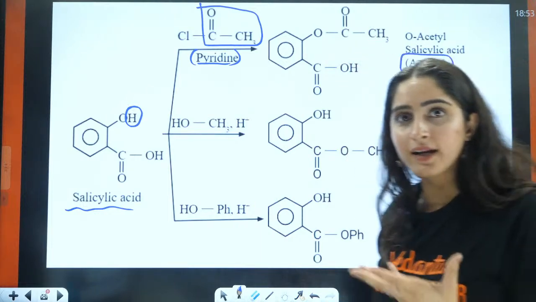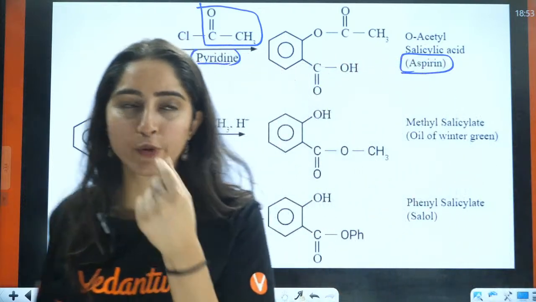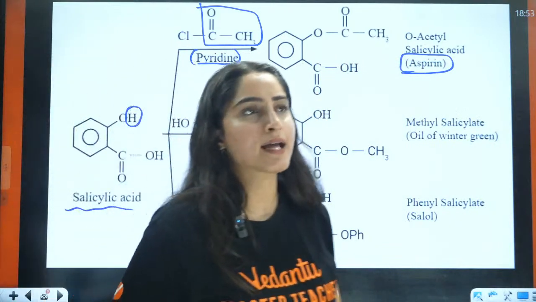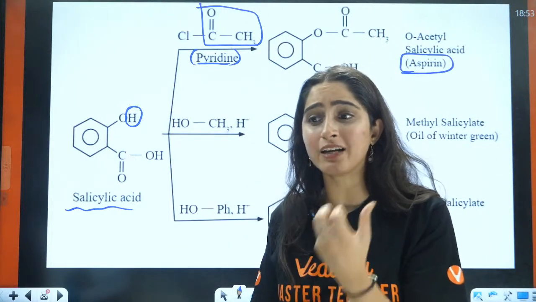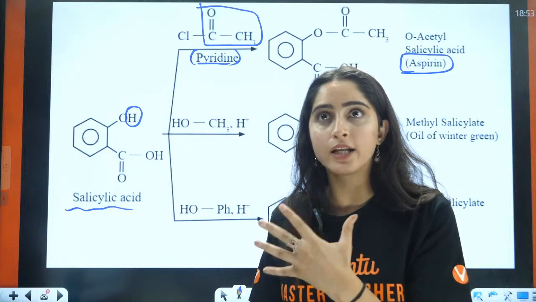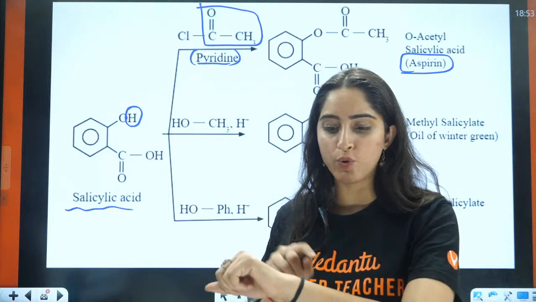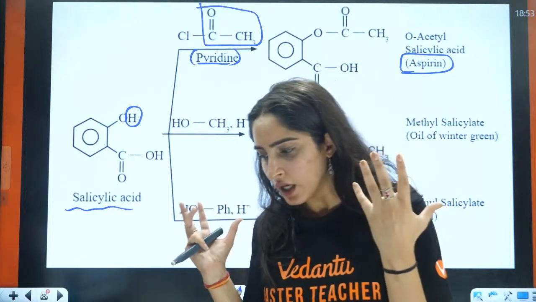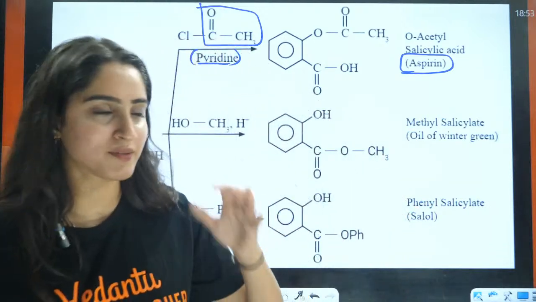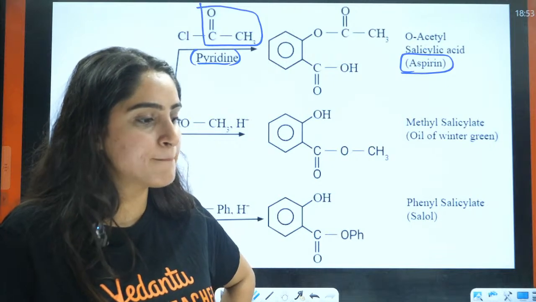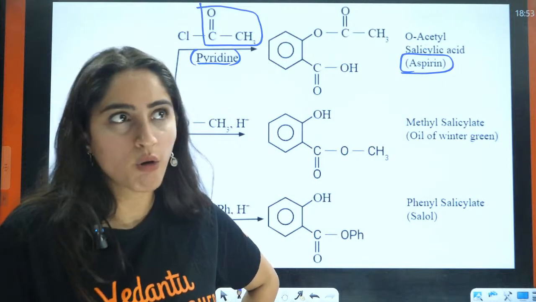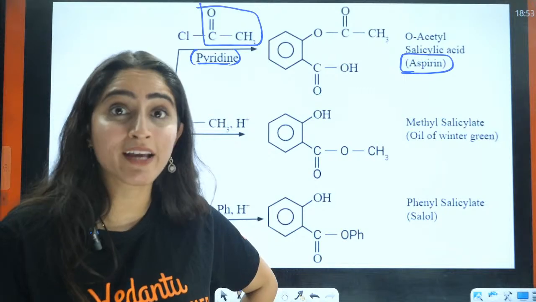Now it is banned in India, right? It is basically, I think, used for thinning of the blood, right? So that is why it is banned in India, because our body is very good in forming blood. For example, you have some kind of injury on your body, right? Now what can happen?